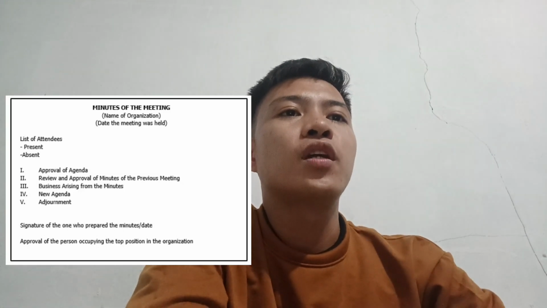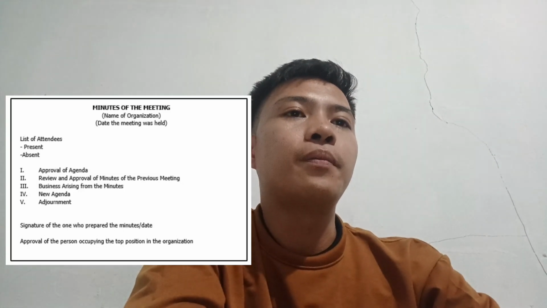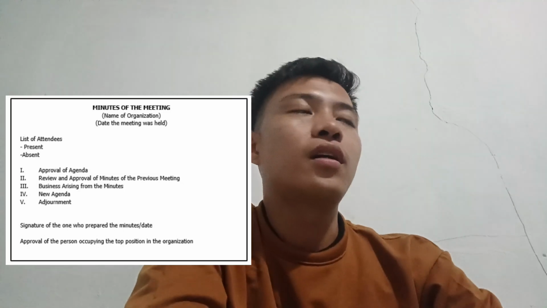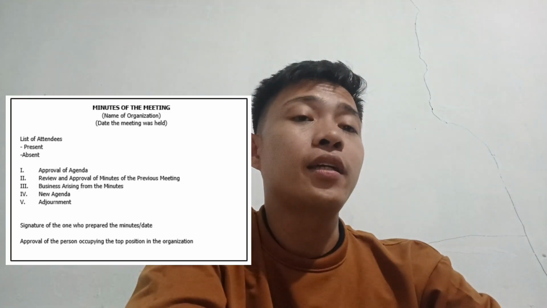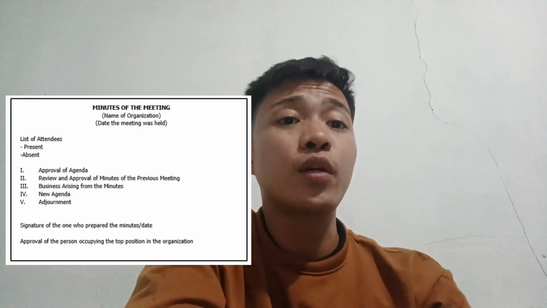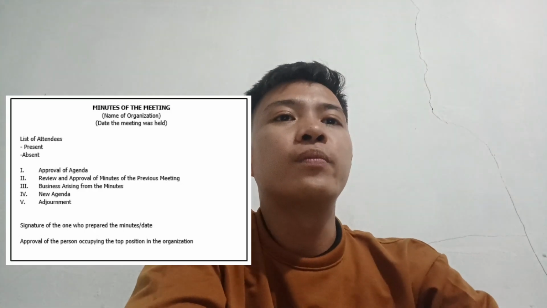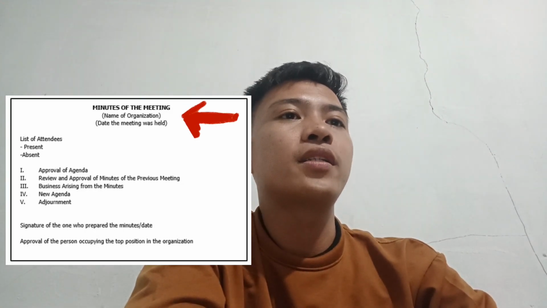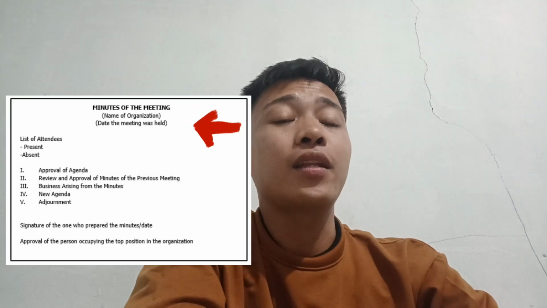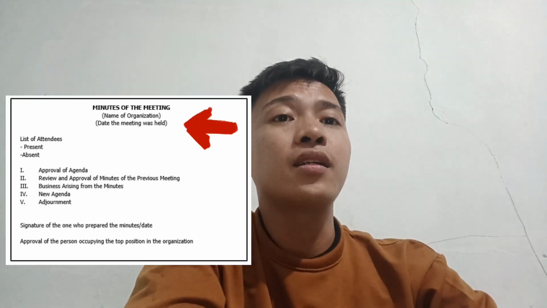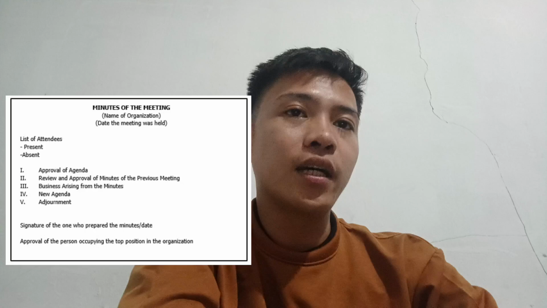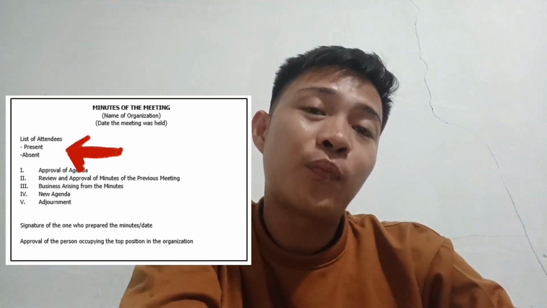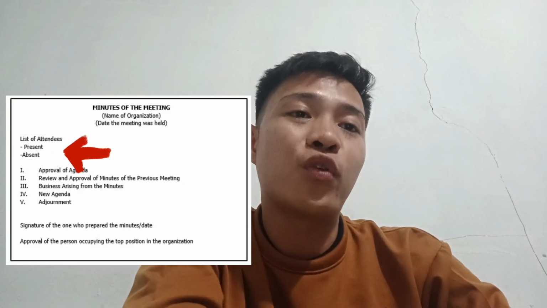You may include also your conventional or modern heading in your minutes of the meeting alongside the memorandum. Of course, first thing to do is to put your organization's name, then the date when the meeting was held, and of course you need to enlist the attendees, both those who are present and absent.